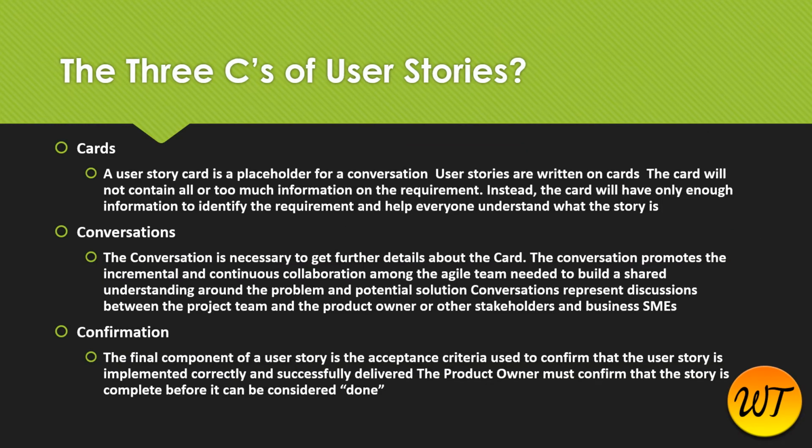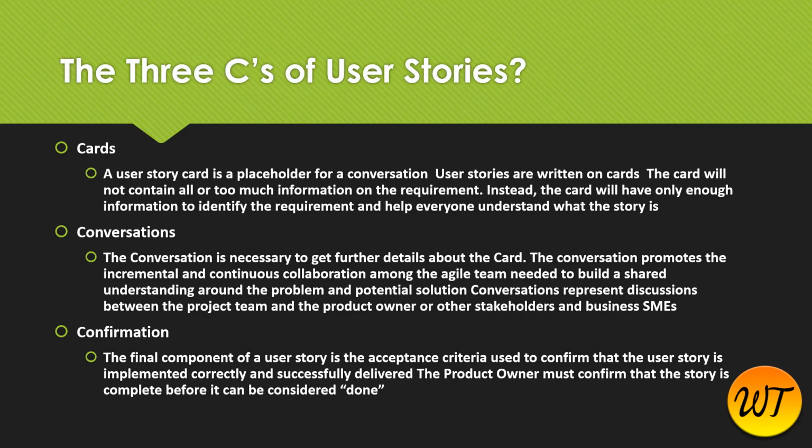Now we are going to see the 3 C's of user stories. The 3 C's are nothing but card, conversation, and confirmation. The card is just a placeholder for a conversation. That means user stories are written on cards.